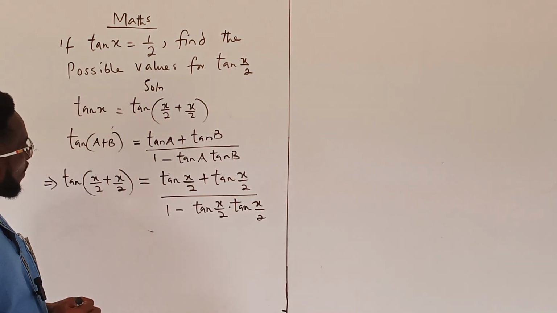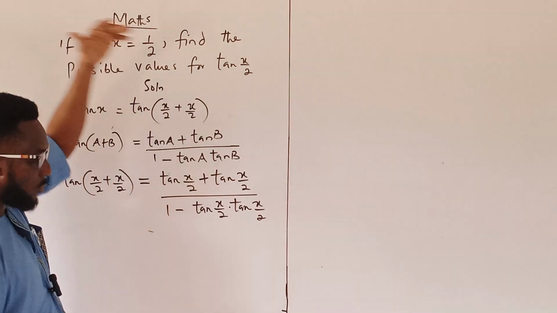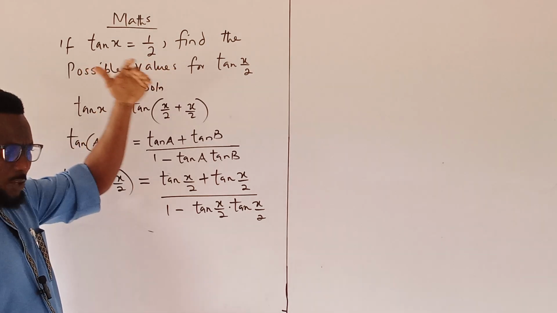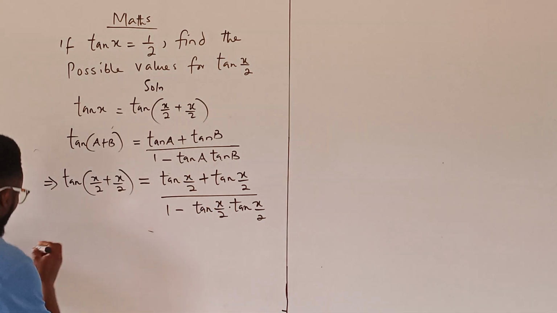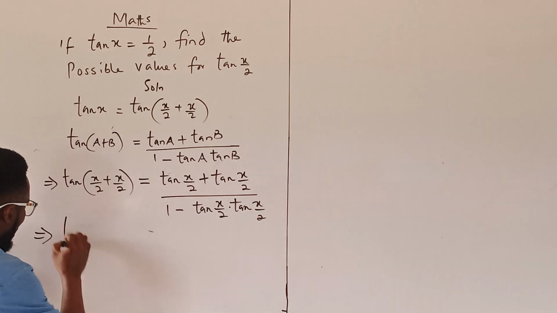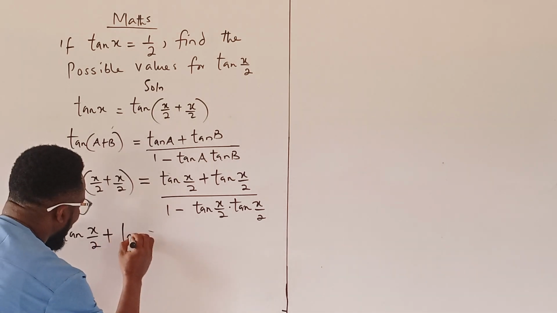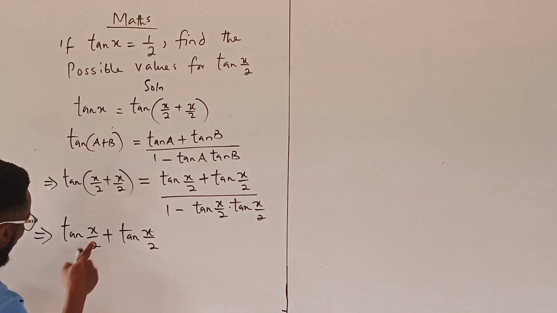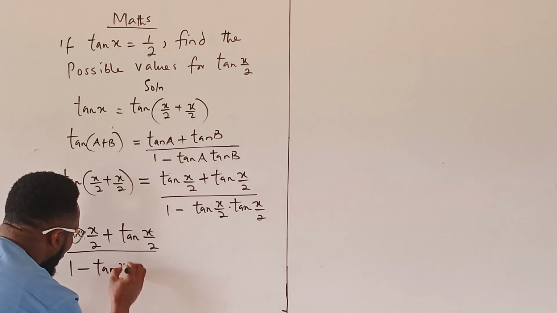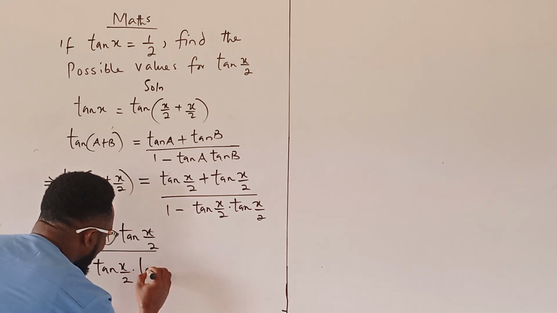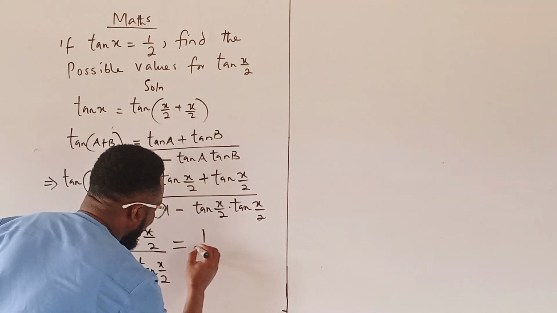So we are going to have, but from the main problem, the tangent of angle x is equal to half. And angle x is half of x plus another half of x. So we can then write that the tangent of half of x plus the tangent of half of x upon 1 minus the tangent of angle half of x multiplied by the tangent of angle half of x, everything equal to 1 upon 2.